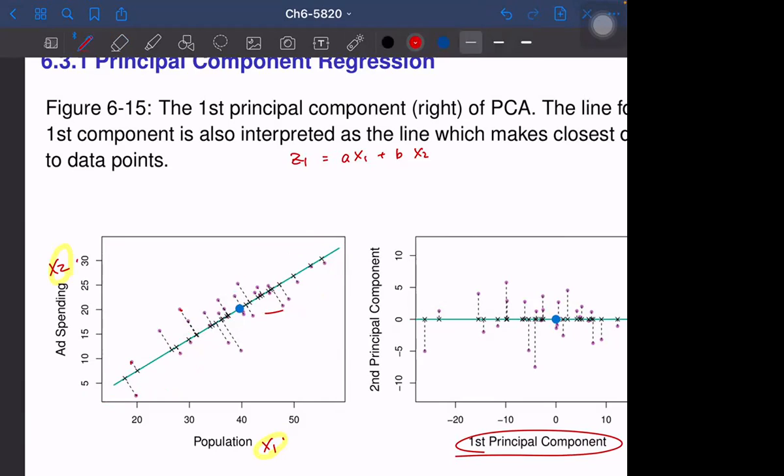Right. So the variation with this direction is large, but the variation of the data for this direction is small. So this is not an important feature, and this is an important feature. So that is the concept of the principal component analysis.